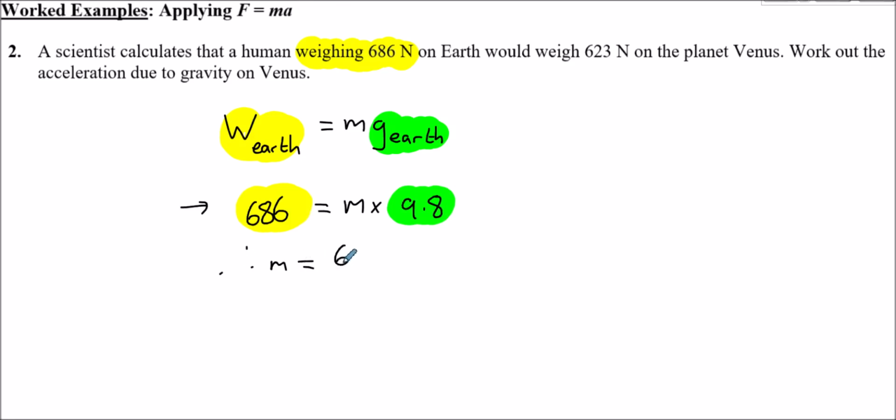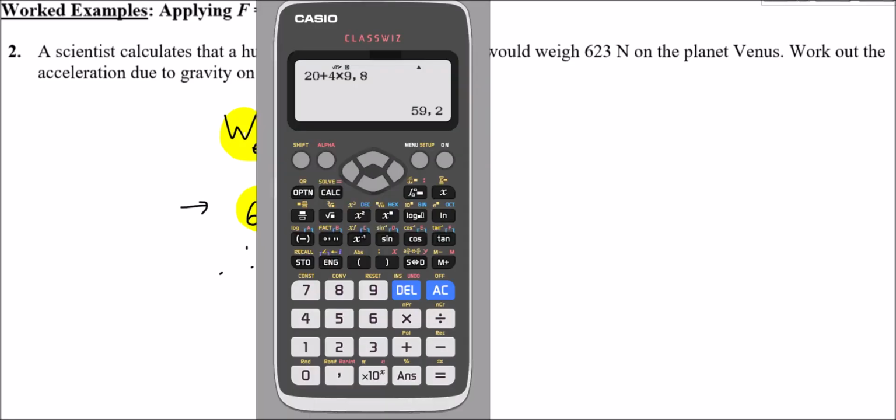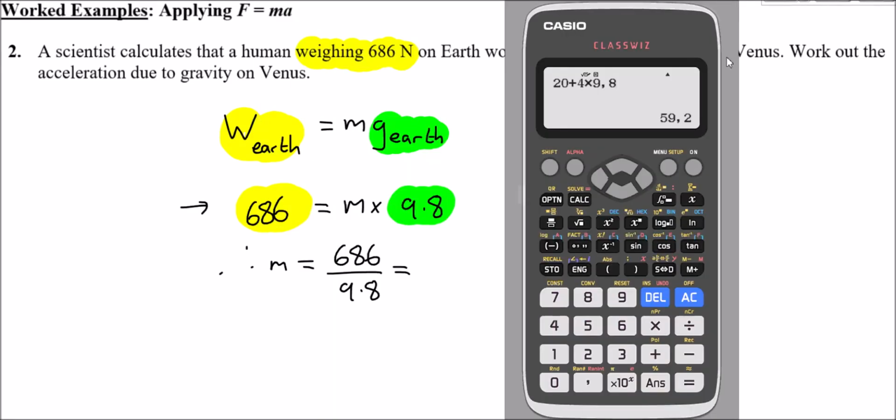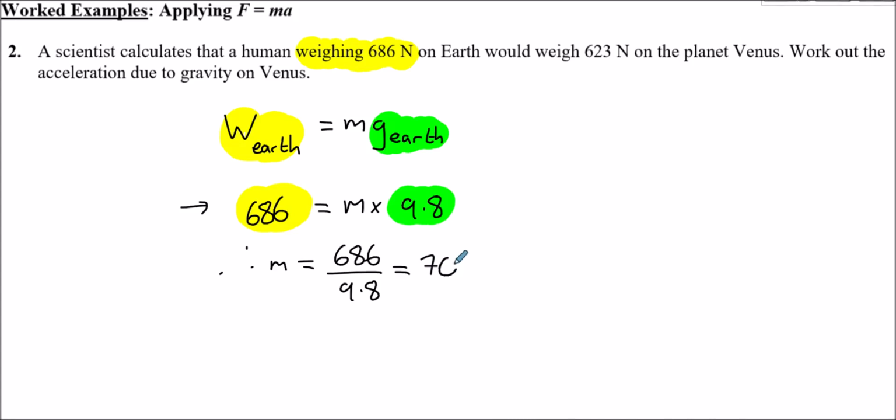The mass is going to be 686 divided by 9.8. If we work this out on the calculator, that gives us 70 kilograms exactly. So the mass of this object is 70 kilograms.